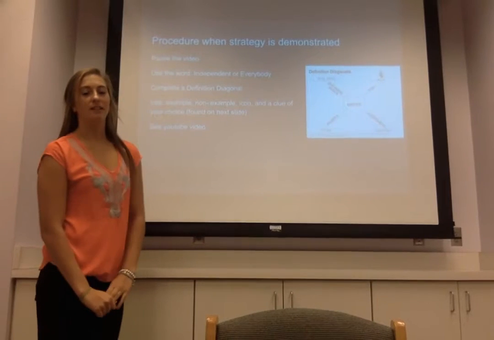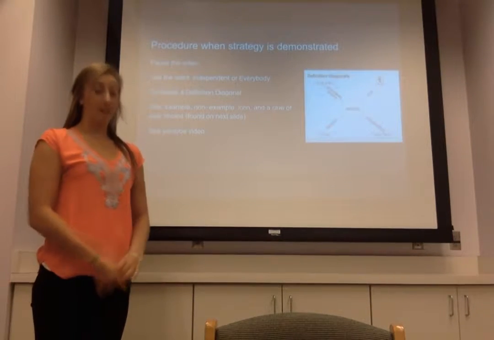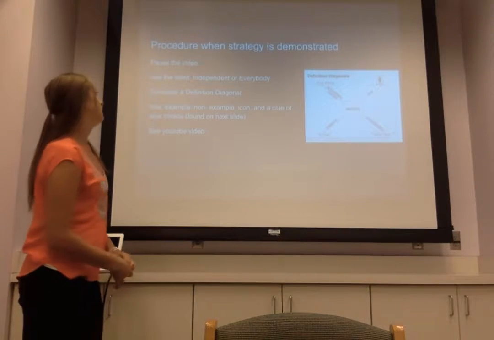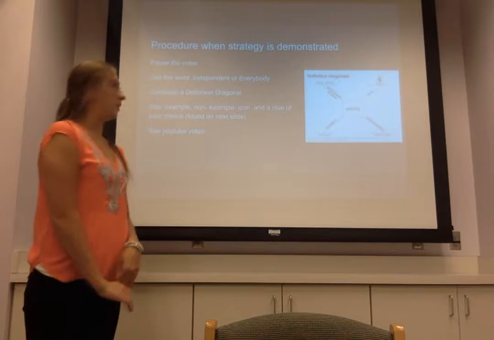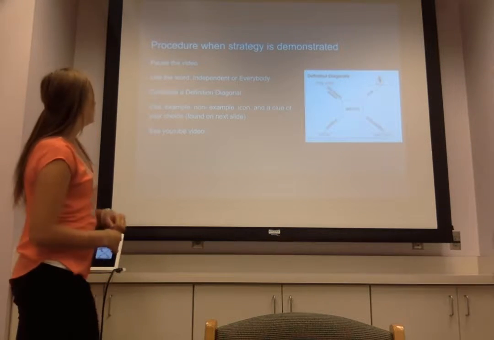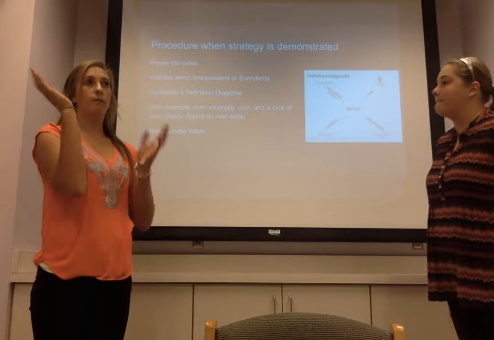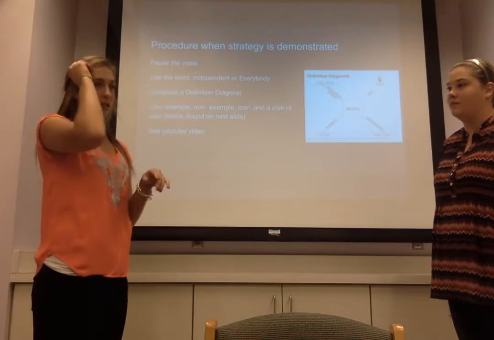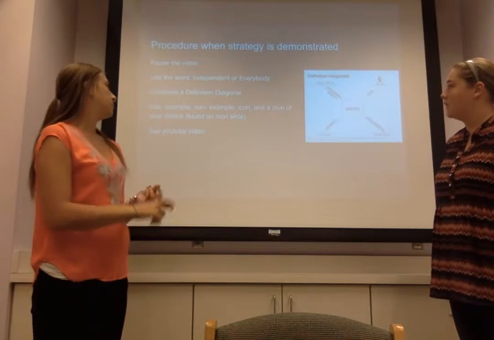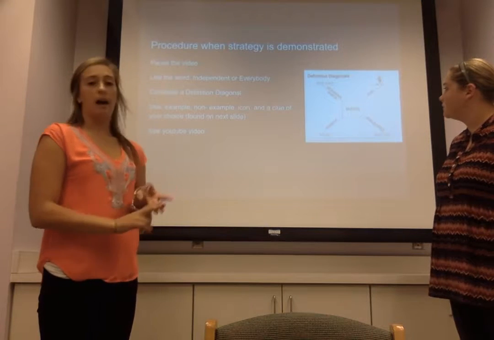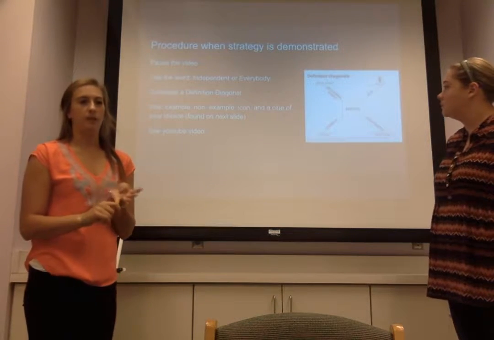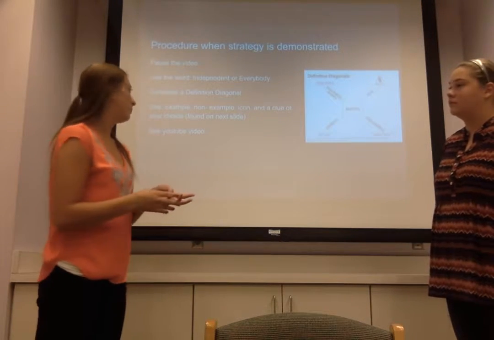All right, so now we're going to ask you guys to try the strategy. We're going to ask you to use the word independent or everybody. For your 4 little diagonals, you're going to use an example, a non-example, an icon, and then a clue of your choice, which are on the next slide that I'm going to show you.